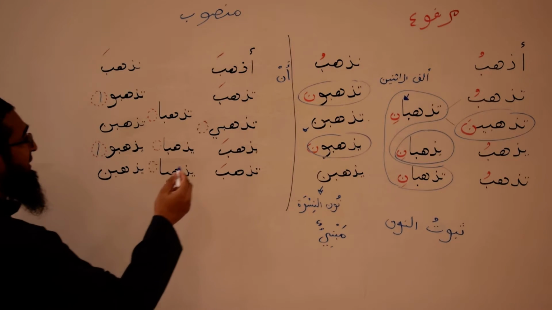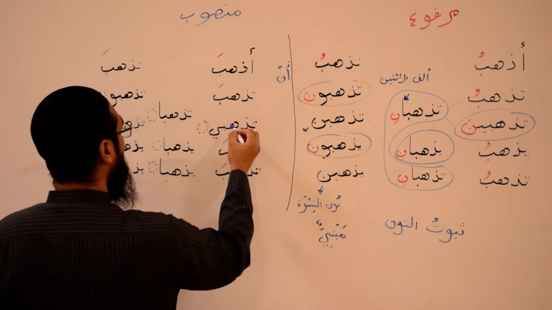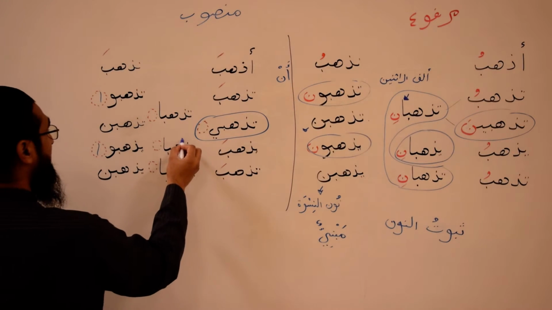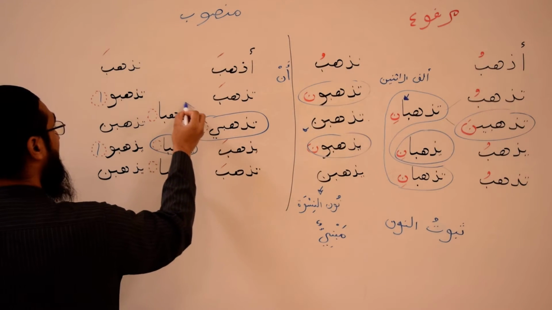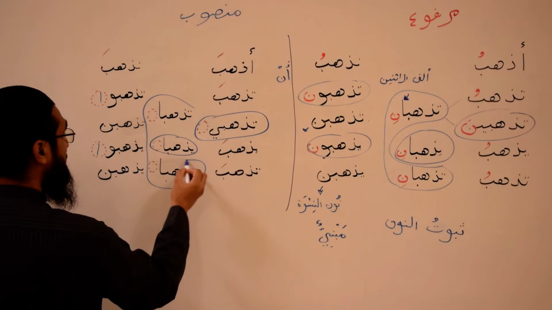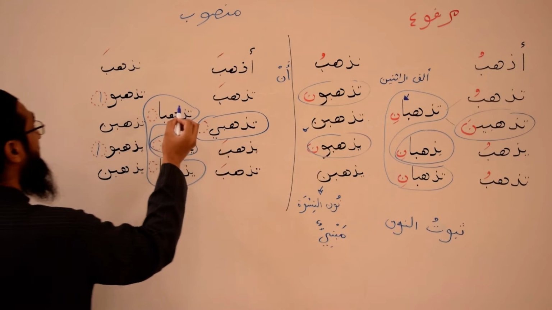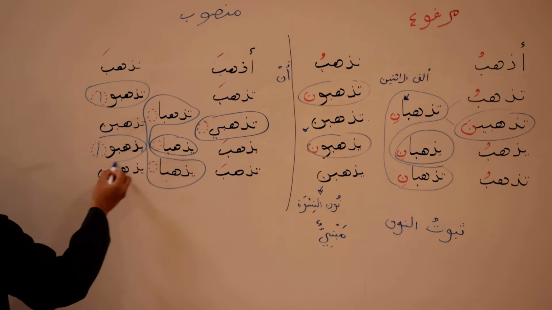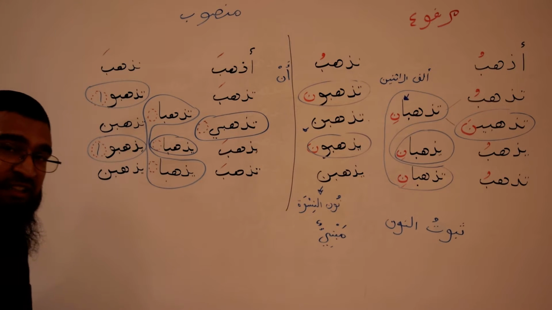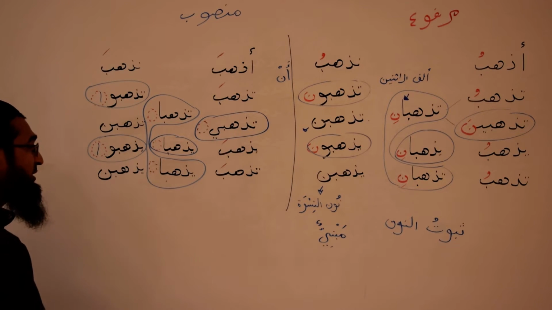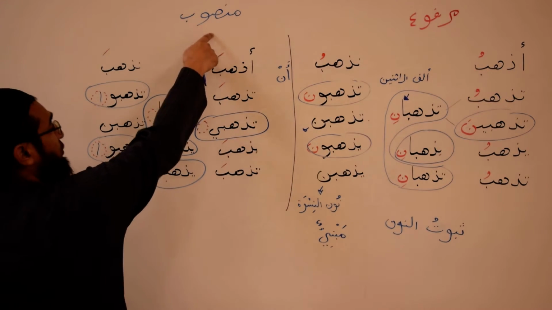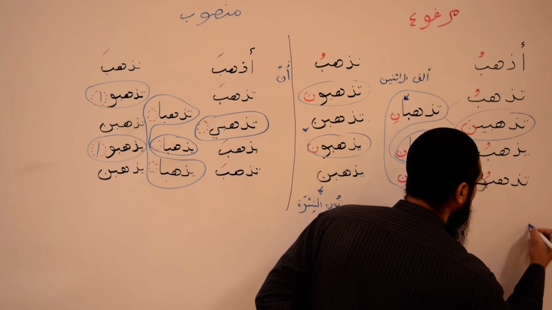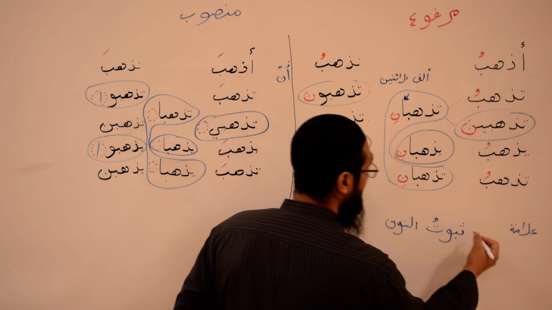So again, let's identify the asma al-khamsa. We have one over here. Okay? We have another one right here. These two combine to make one. Right? So 1, 2, 3, 4, 5. All of these verbs, right? We say that its sign of being mansub, or alamatu nasbihi, I'm just going to write it here. Alamatu. So over here was raf'ihi, right?